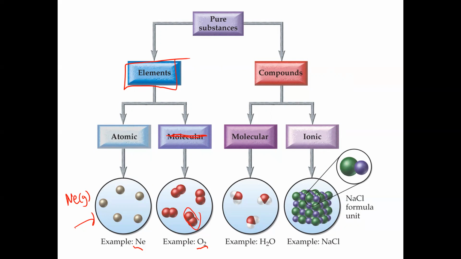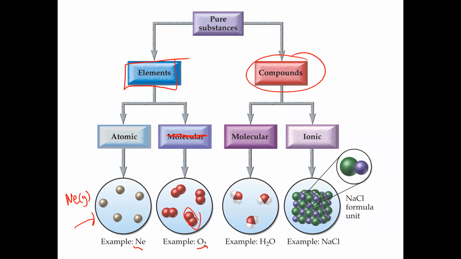So it's an element because it's only one type of atom, right? It's only oxygen. Yes, there are two of them hooked up together, but it's only one type of atom. So it's an element. I could look on the periodic table and find that elemental symbol.